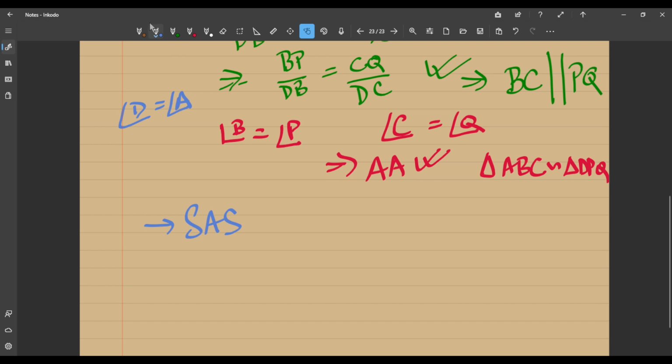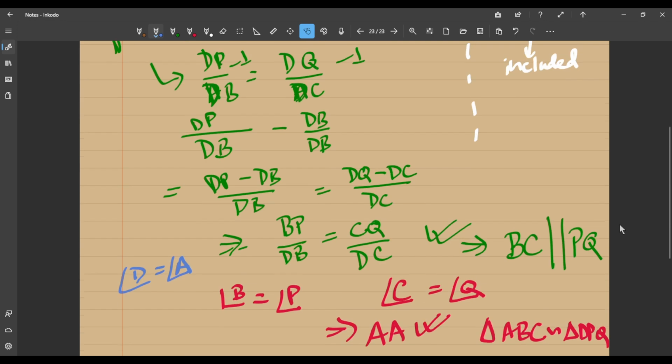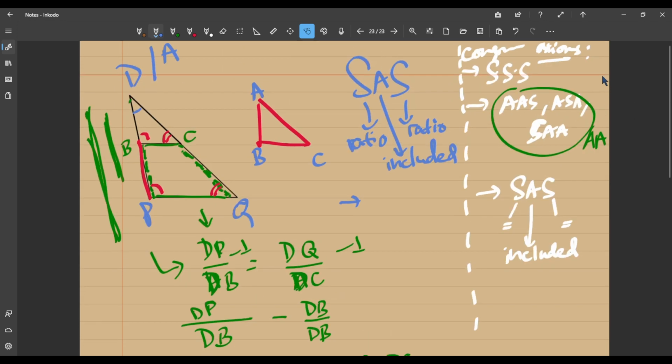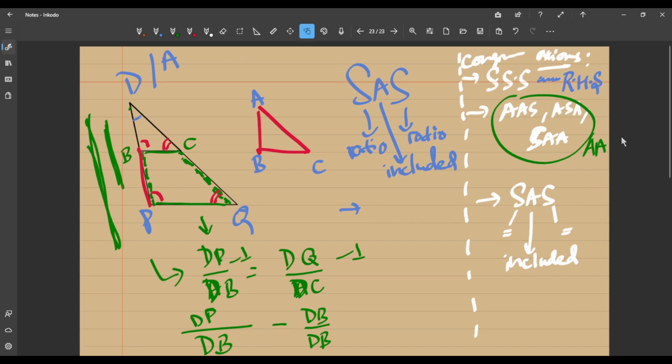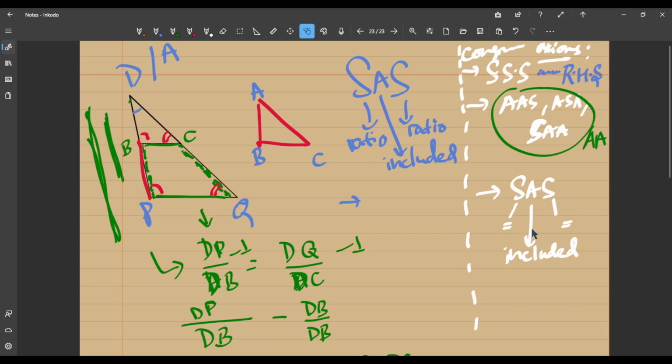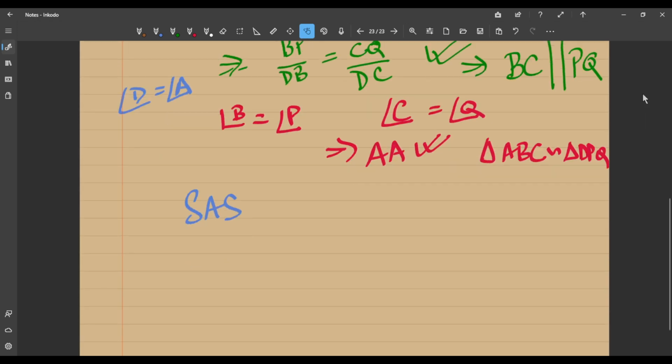So now I'll write down all the similarity axioms, because I think for congruency we studied just these. We also saw that RHS was the same as SSS. RHS was nothing different. It was actually a special case of our SSS axiom. So I think now we have exhausted everything, and these will be the complete set of axioms.